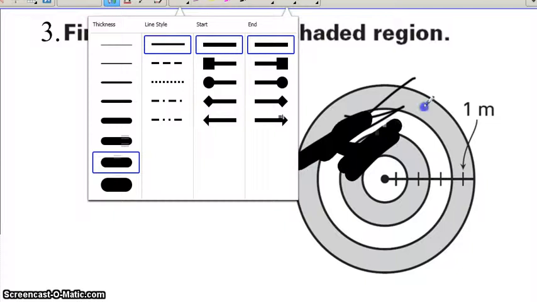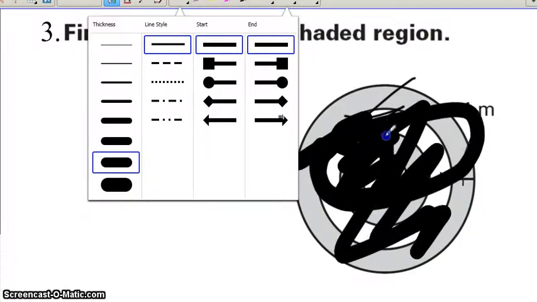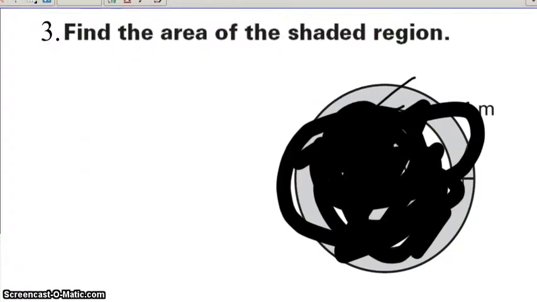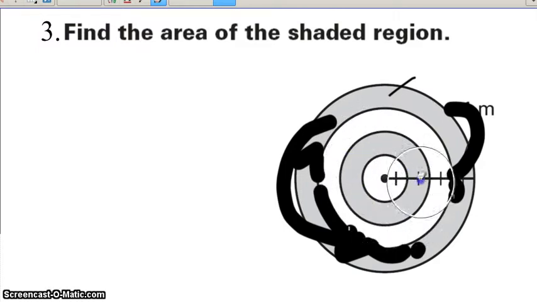Okay, so everything on here would be shaded. Everything on here, if this was a large circle. Well, what a bullseye does is take the first ring here and erase it. That's how it makes an outer edge.